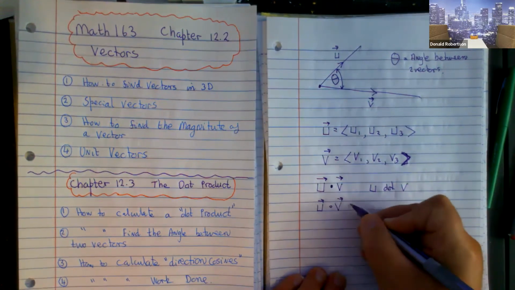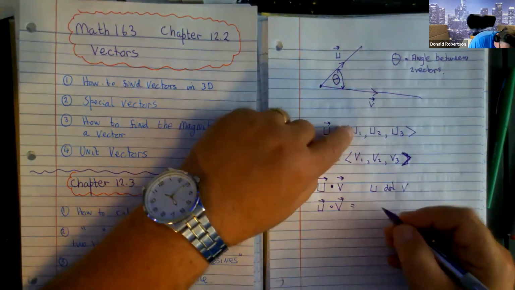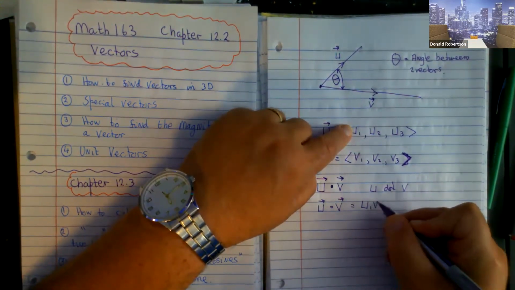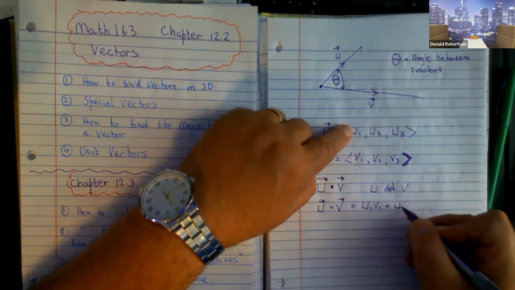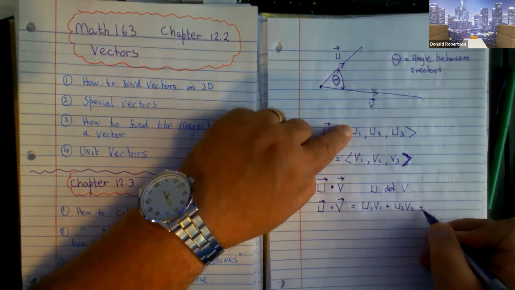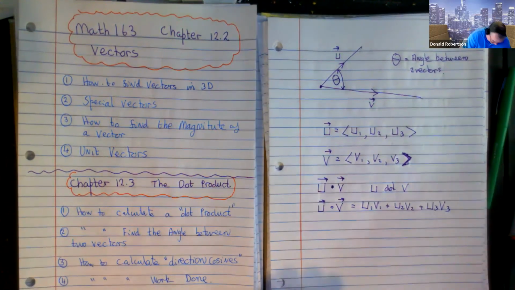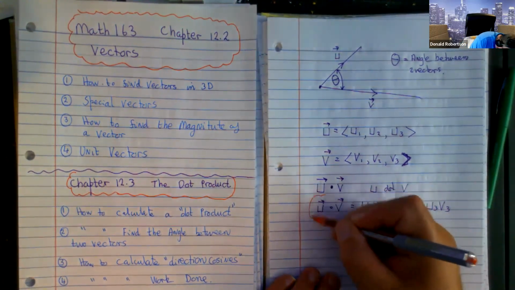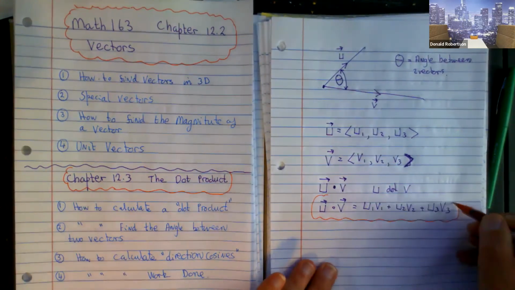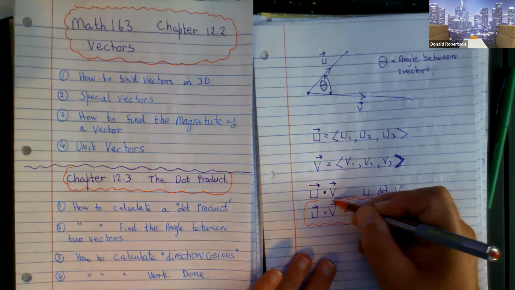And you do it by the following formula: u1 v1 plus u2 v2 plus u3 v3. And that is one of our two dot product formulas.